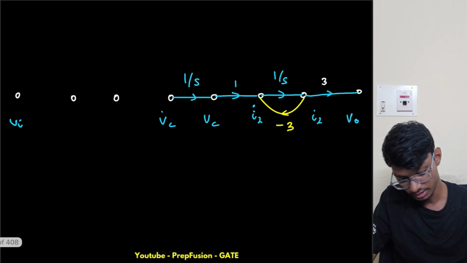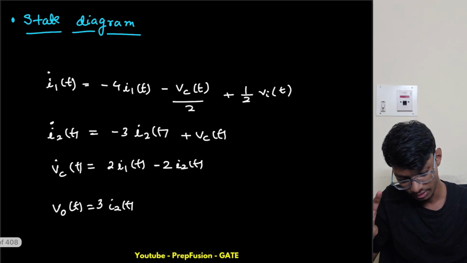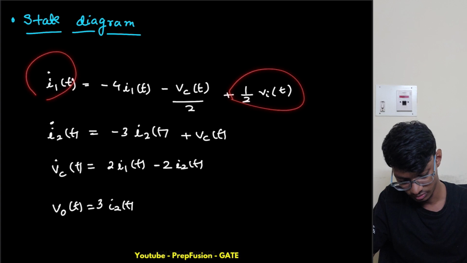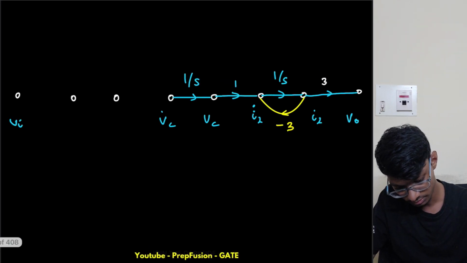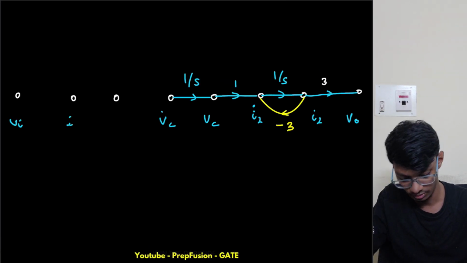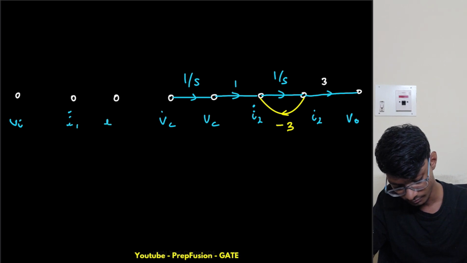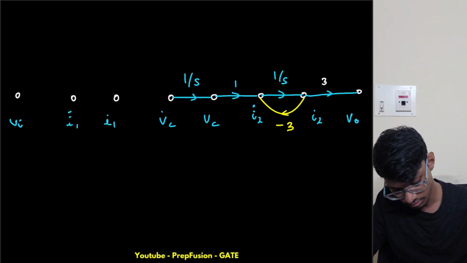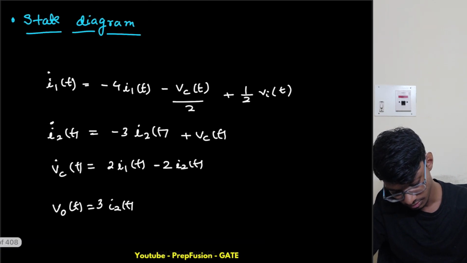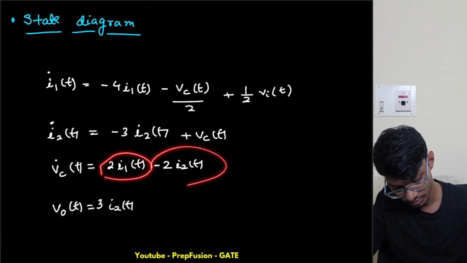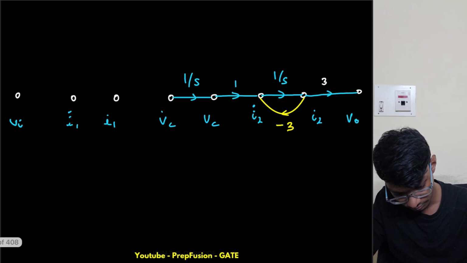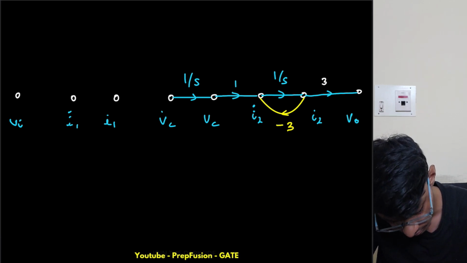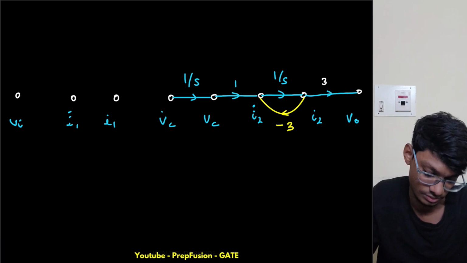One thing to notice here is i1 dot is directly related with v1. So I will write i1 dot here, as two places are left: i1 dot here and i1 here. This is related with i1 also, so 2 i1 minus 2 i2.